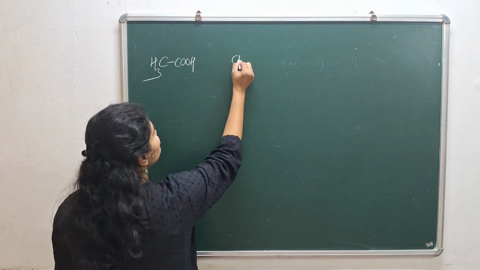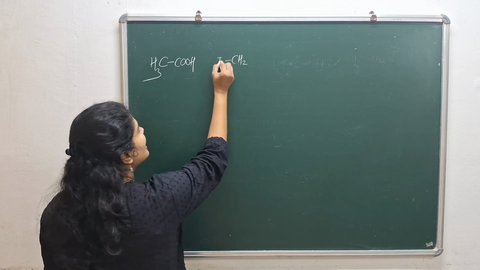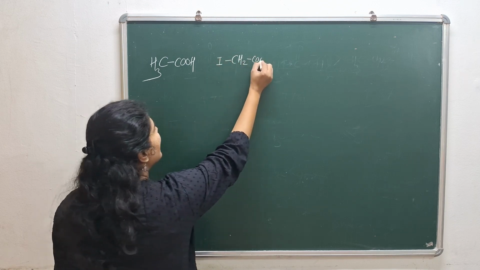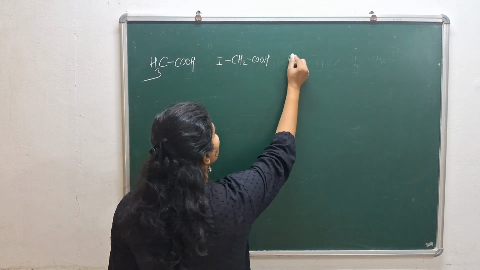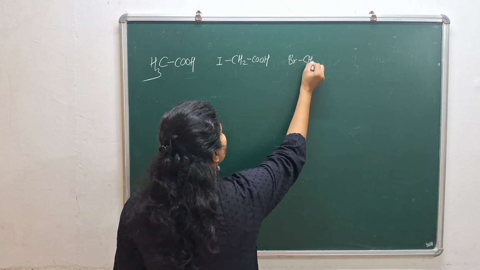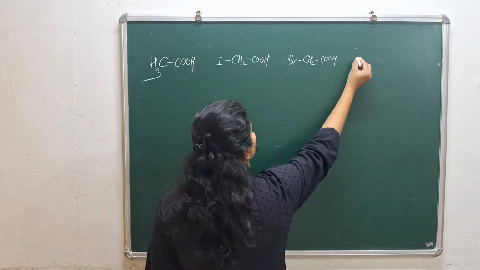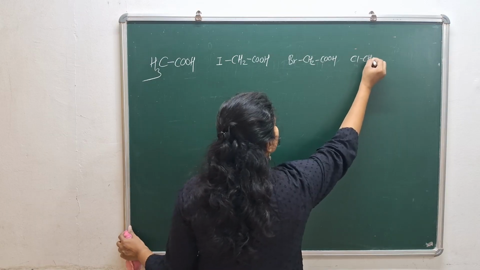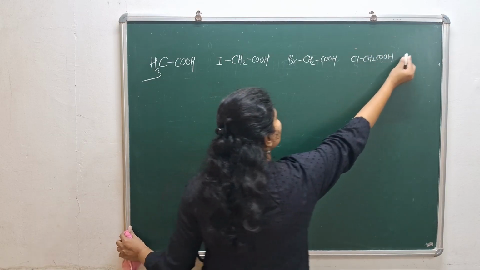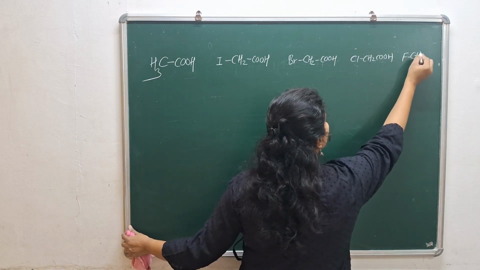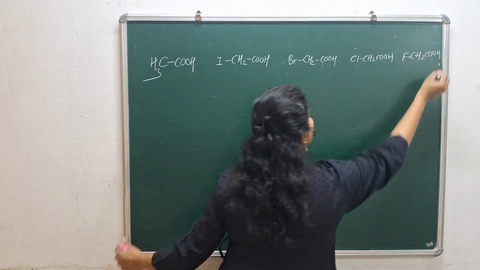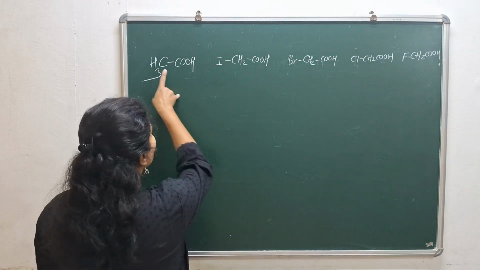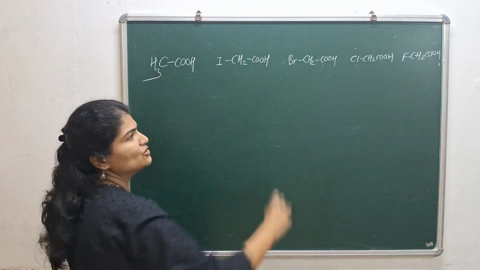First, let us substitute one of the hydrogens with iodine, which is a halogen. Then let's substitute it with bromine. Then with chlorine, and then let us substitute it with fluorine. So as you can see, I have substituted the alpha carbon with halogen atoms.